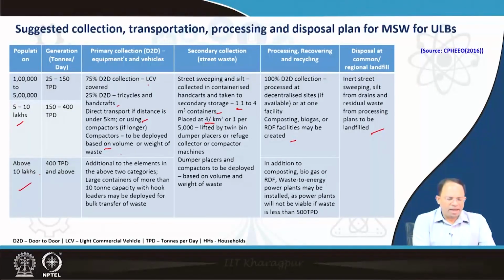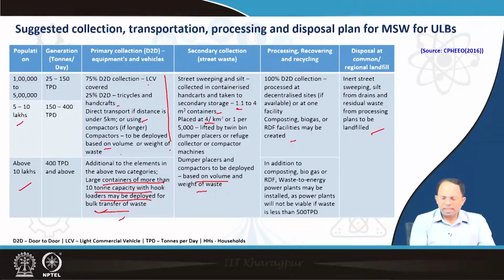And above 10 lakhs, more or less everything is the same. Only large containers of more than 10 ton capacity with hook loaders may be deployed for bulk transfer of waste. So that's an addition, in addition to all this, this is extra. And dumper placers and compactors to be deployed based on volume and weight of waste.